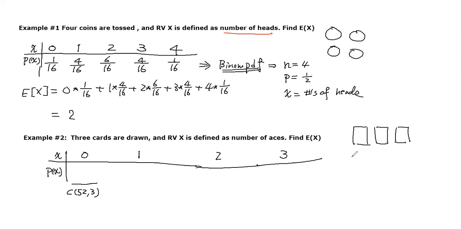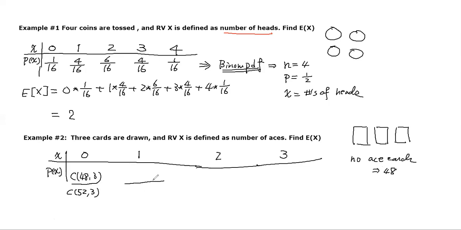So how many non-ace cards do we have here? We have 48 non-ace cards, because the aces have 4 as a set. So out of the 48, I draw 3. That is the 0 aces.